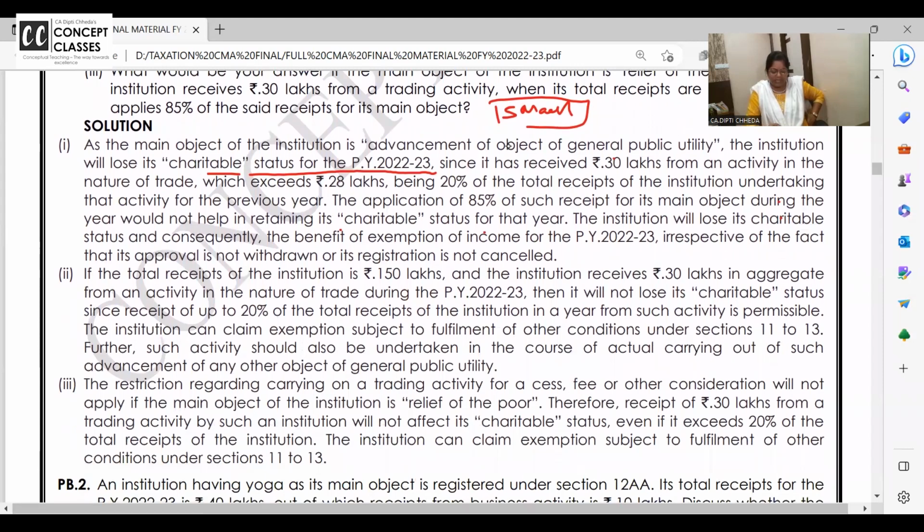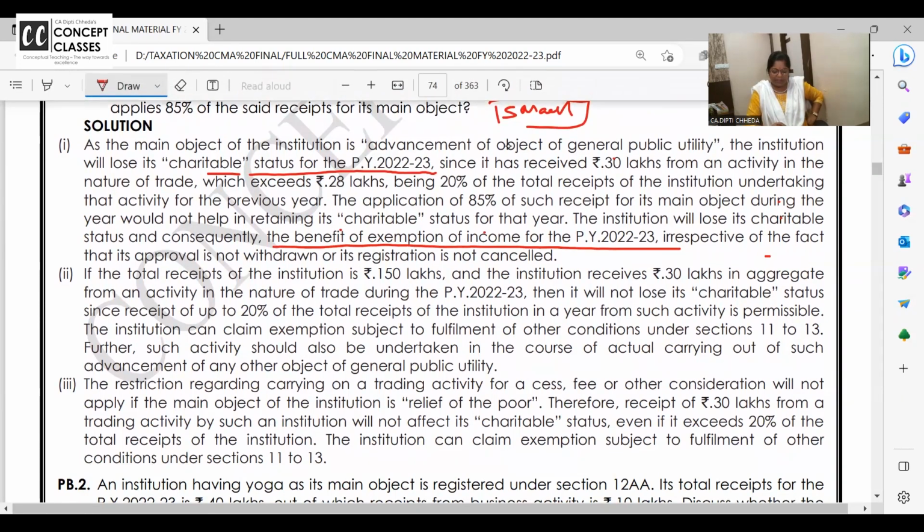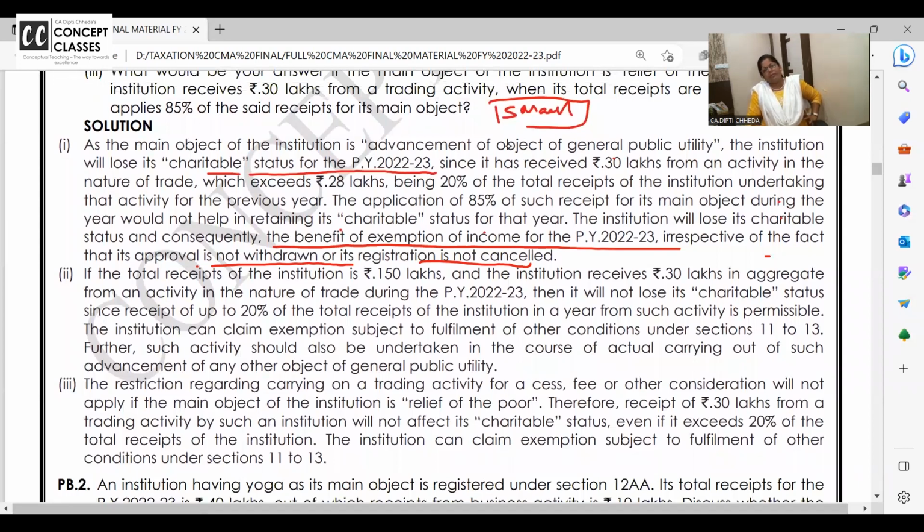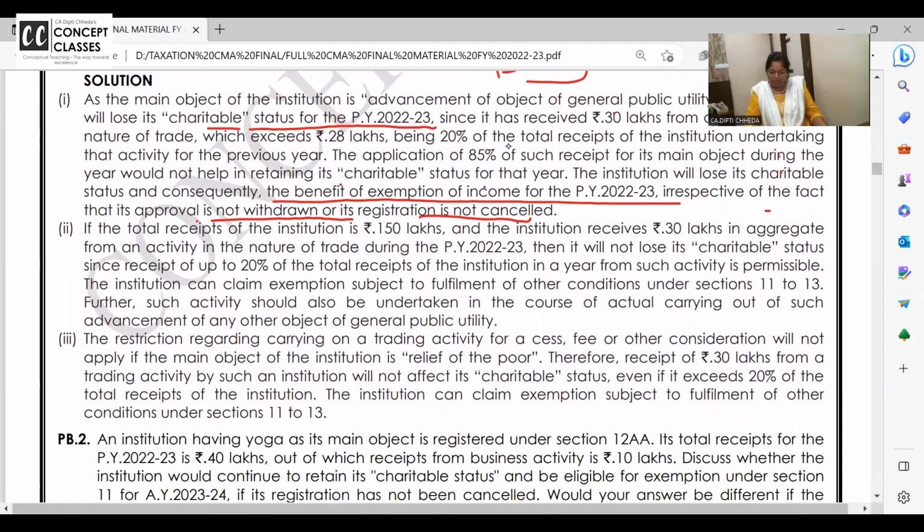The institute will lose its charitable status and consequently the benefit of exemption, irrespective of the fact that approval is not withdrawn and registration is not cancelled. Registration will remain, but you will lose the charitable status. You will not get section 11 exemption and you will end up paying full tax. All clear to all of you?